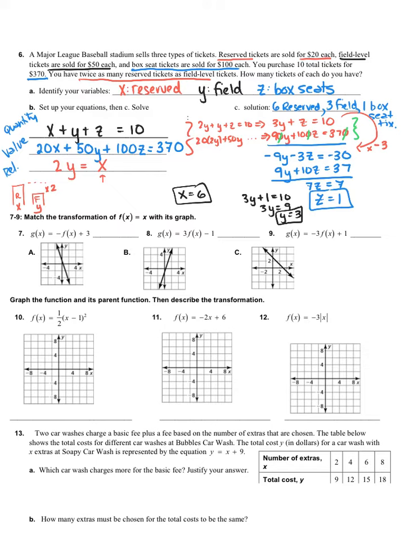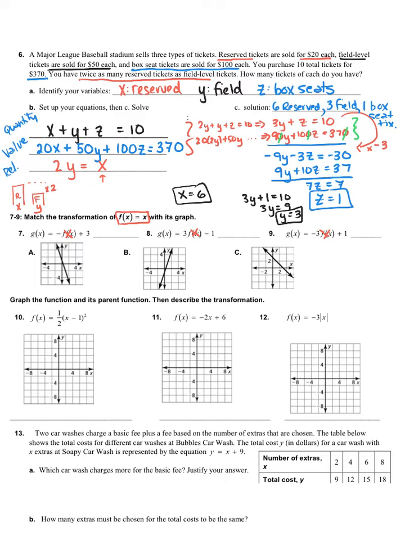Okay, this part is multiple choice. The original graph here, f of x, is just x. So this is just standing in here. All of these are basically linear equations, and you really don't even need to know transformations in order to know what's going on here.